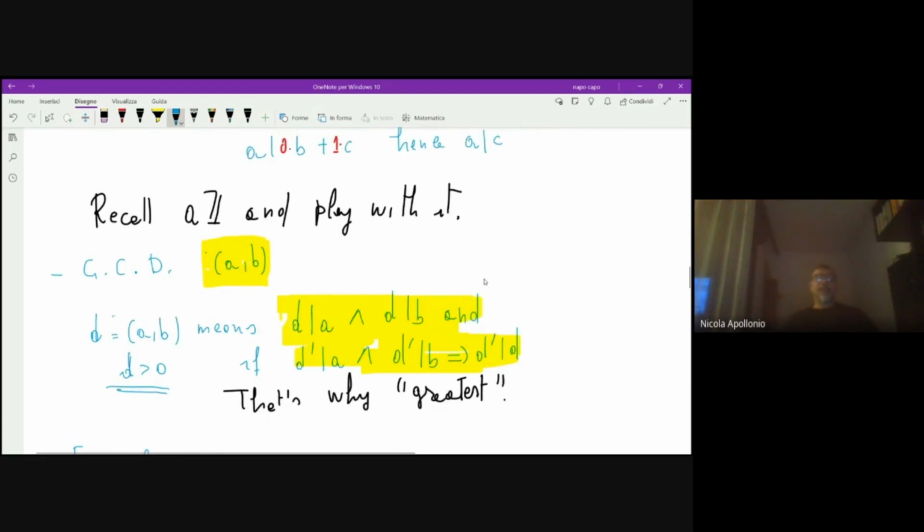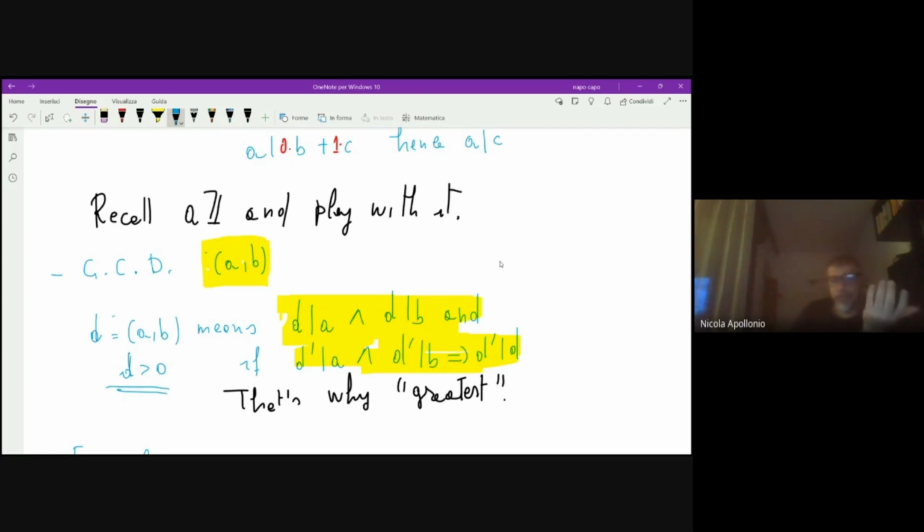Now, let me give you, for the time being, this last definition, and then we start to play with an object we saw last time, these strange sets of the form A times Z. But before doing that, let me give you this definition: the greatest common divisor.